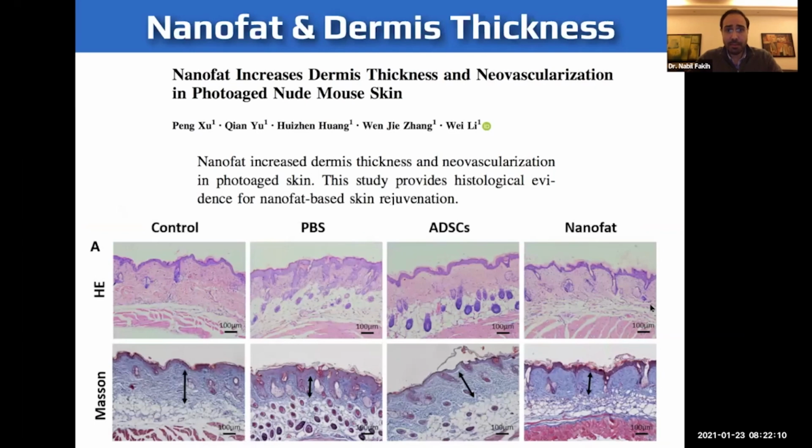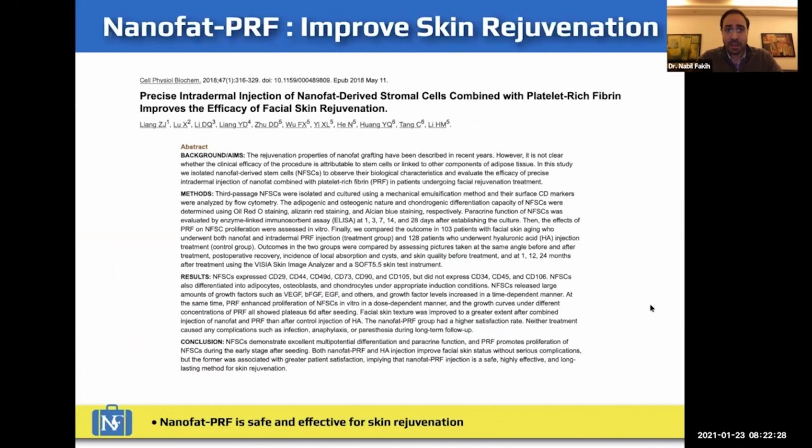Another study, published in 2018, is about nanofat increasing dermis thickness and neovascularization in photoaged nude mouse skin. They found that nanofat creates an increase in dermis thickness, and this has been histologically proven. Another study is about skin rejuvenation.